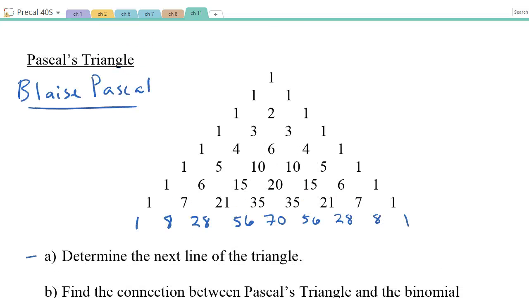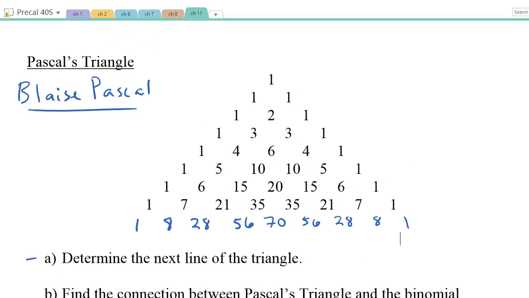May have jumped out at you a little bit. If you remember, if we expand (a plus b) to the power of 1, we get 1a plus 1b. Okay, not too crazy.